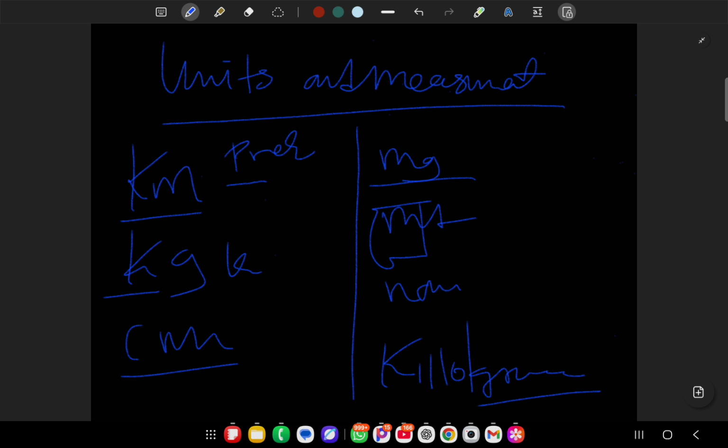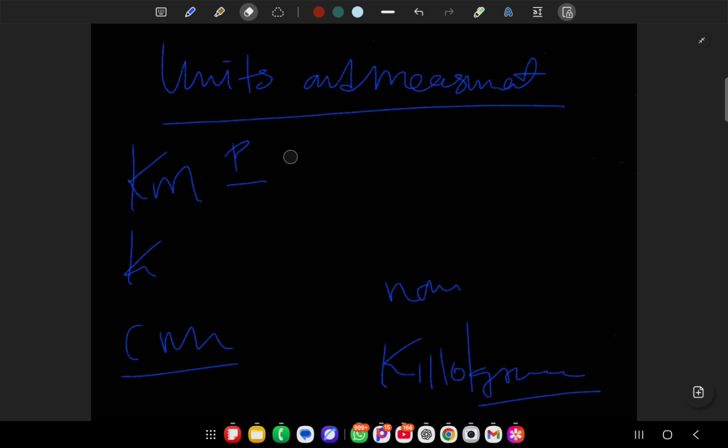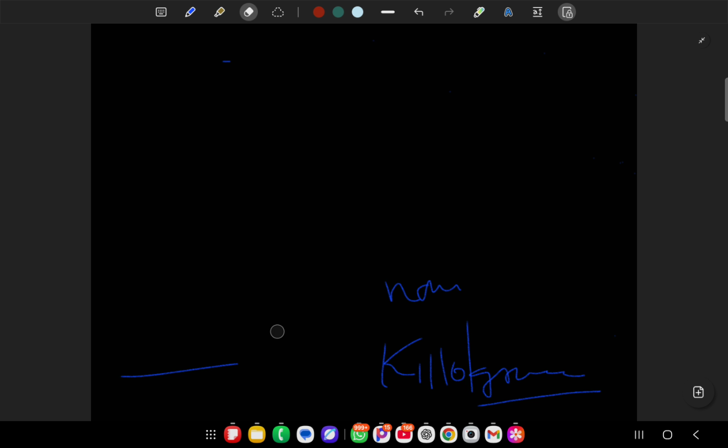Now, listen, student. Prefixes have meanings, and they always come before the suffix. Here we have a lot of the prefixes with their symbols as well as their meanings. Some deal with positive powers and some deal with negative powers.